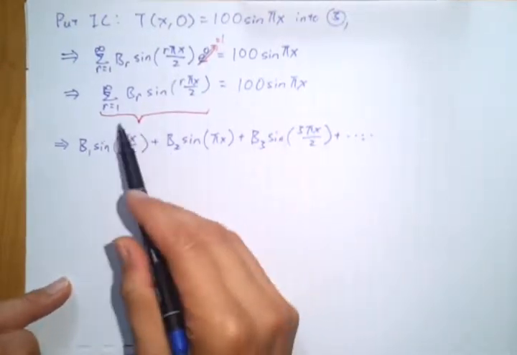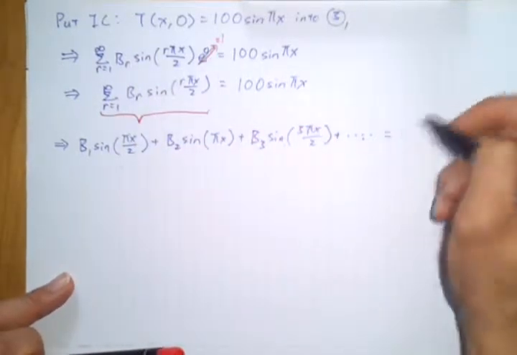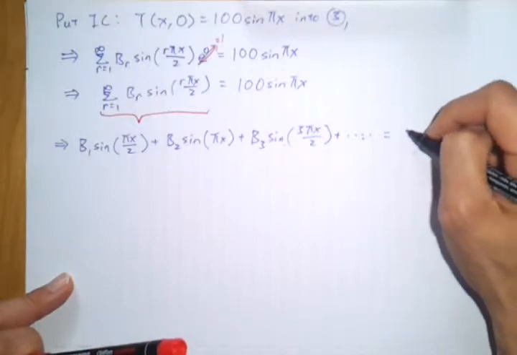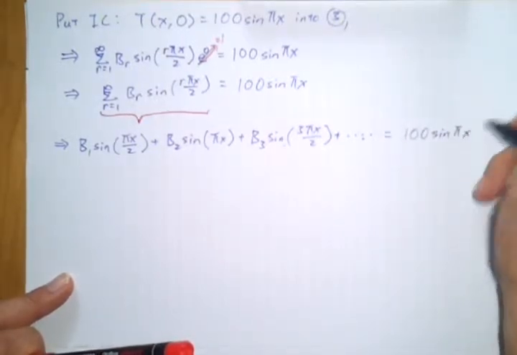This will be your left hand side of this equation, and it must equal the right hand side, which is 100 sine pi x.